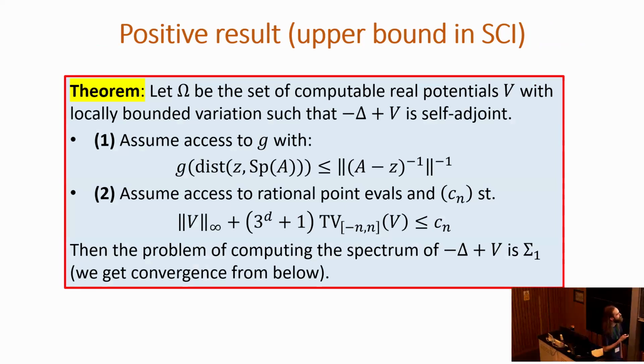So this is a basic theorem on Schrodinger operators. We assume that we have a lower bound to the resolvent, and also that we know roughly how the potential varies on each closed integral bound here, and this allows us to compute the matrix elements when we form an infinite matrix based on this operator, and then we can find the spectrum with convergence from below.